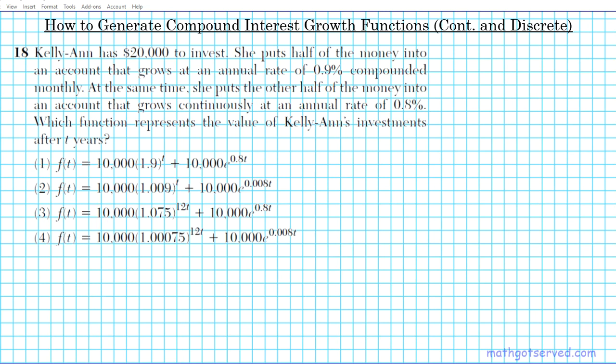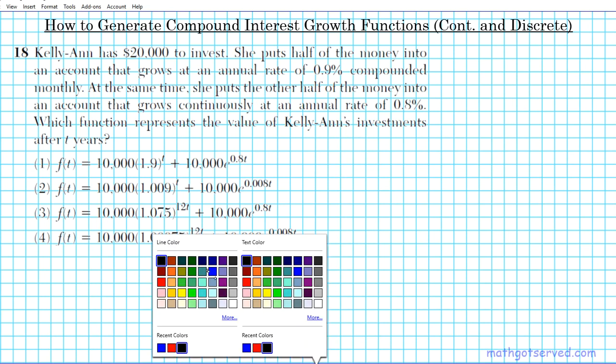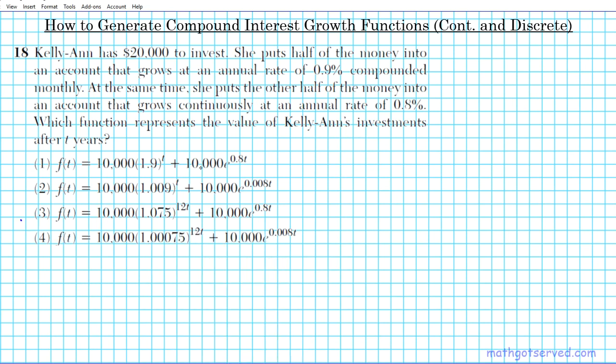We're going to be looking at two exponential growth formulas to help us with this process. The first one will be the discrete one, where the interest is compounded monthly, and the other one will be continuous. Let's look at the two formulas separately, and then we'll unite them to solve this problem.